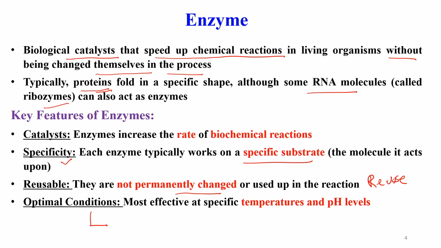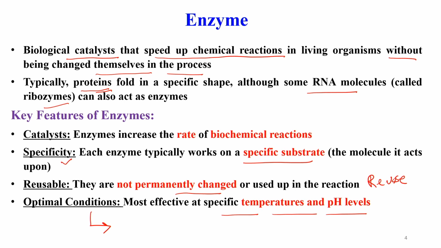And these enzymes are active at mild environmental conditions. So, it is mostly ambient temperature, and it is also important they are specific to a certain temperature and pH, because being proteinous in nature, they are affected by the pH, they are affected by the temperature. So, for each given enzyme, their performance is optimal at a given temperature and pH.